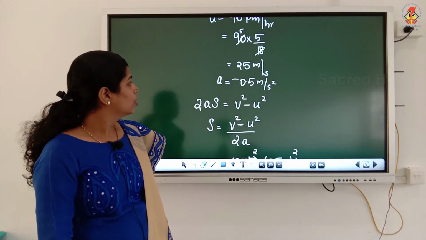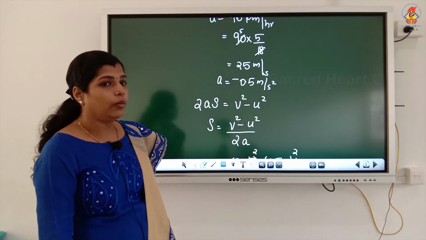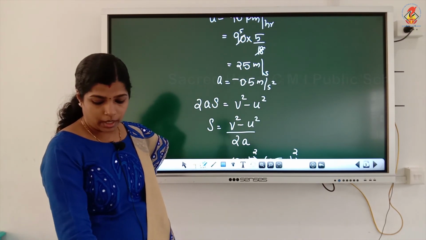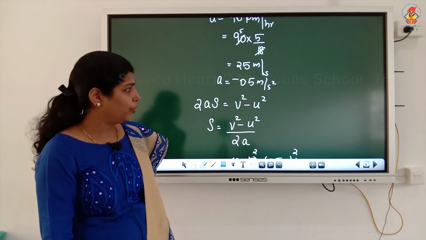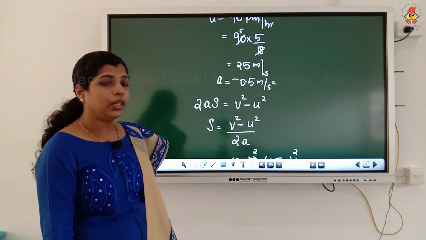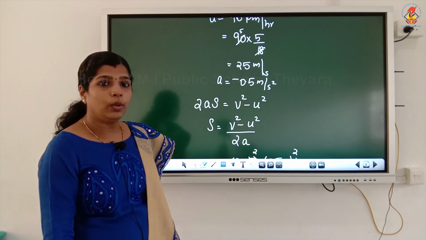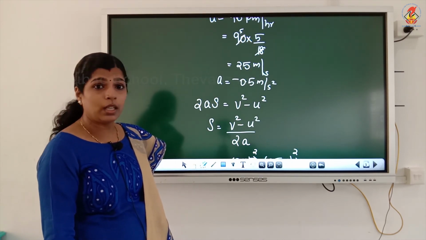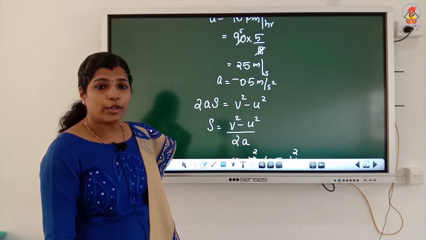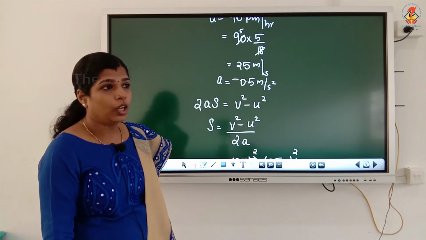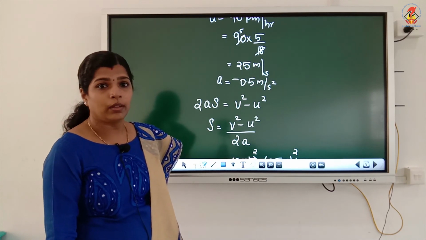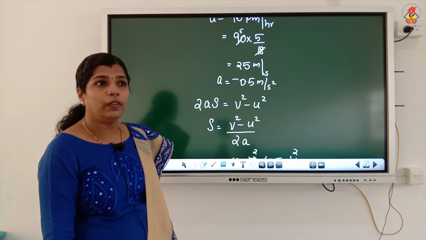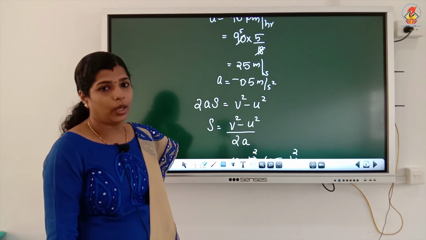V square minus U square equal to 2AS, that is 0 square minus 25 square divided by 2 into 0.5 meter per second square. That acceleration is negative. Now, 0 minus 625, minus 625 by 0.5 into 2, that is 1.